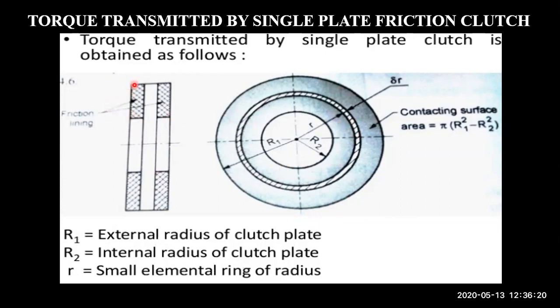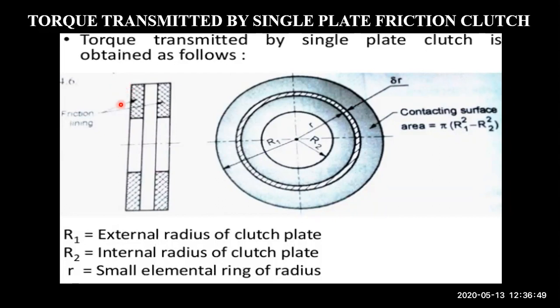So on the entire face, I can assume that there is uniform pressure acting, and in that case, I cannot assume uniform wear because the radius is different at different locations. You can see more wear as you go outside. So more wear here, and as you come inside, there will be lesser and lesser wear. So when you assume uniform pressure, there won't be uniform wear.